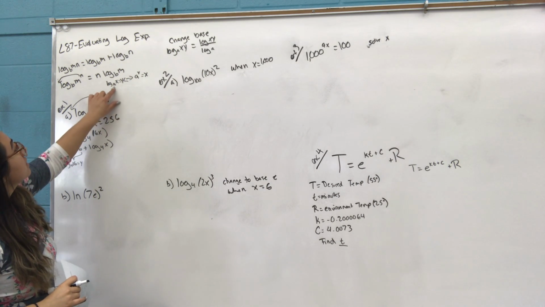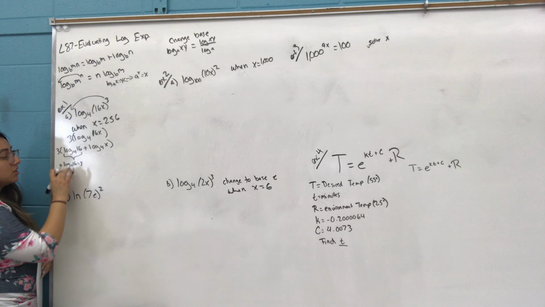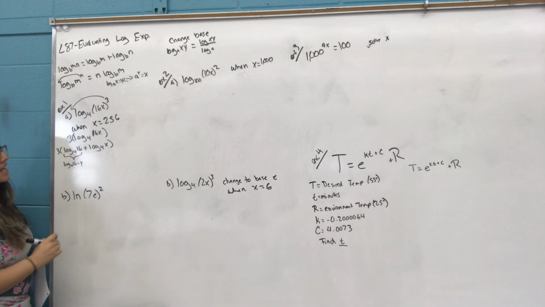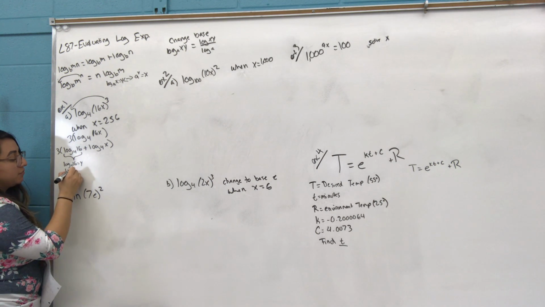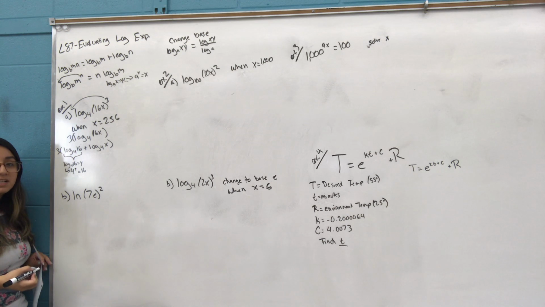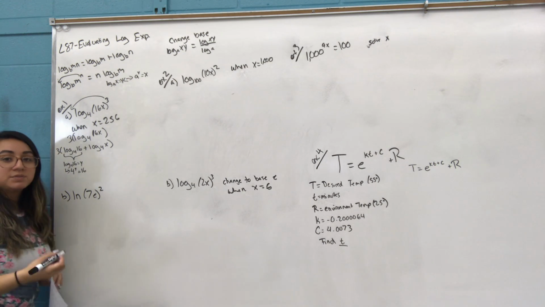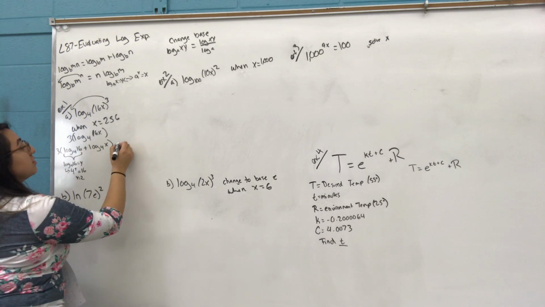So to solve log base 4 of 16, I put it in exponential form: 4 to the y power is equal to 16. And 4 to what power gives you 16? 2. So that logarithm can be solved.